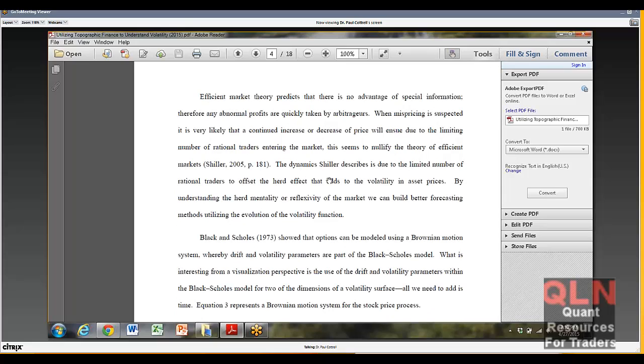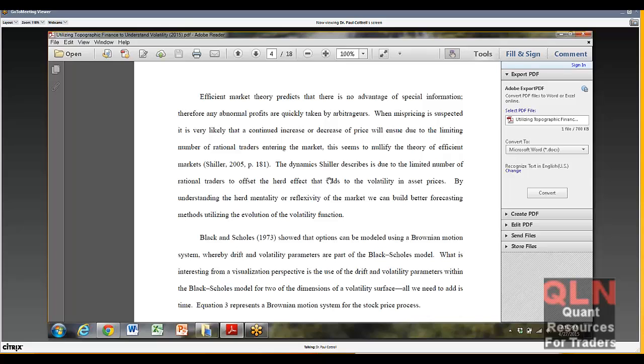Schiller wrote a book. I think it was called Irrational Exuberance, though I'm not positive about that. Schiller is also a behavioral economist, and he's known for the idea that the market isn't efficient, that there are inefficiencies and herd effects.